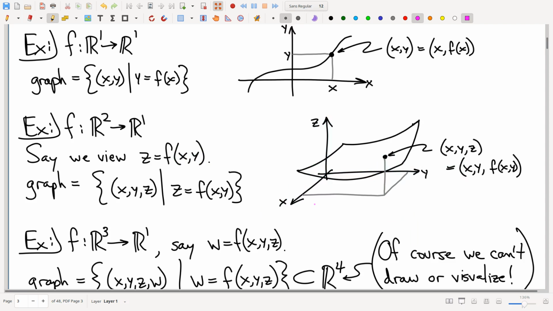Okay, here's another example. Let me make the observation. That's a single variable example that we looked at in our very first example. This is what you might call our very first multivariable example, from R2 to R1. This is the simplest possible multivariable example.